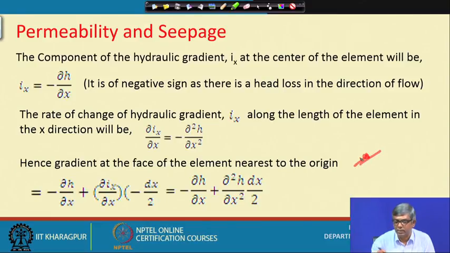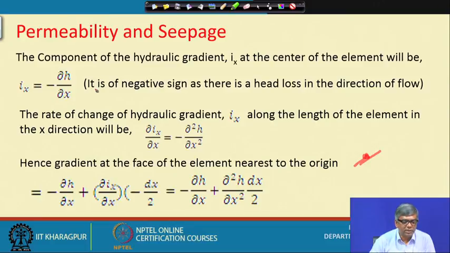We are applying the equation at the midpoint, and i_x mathematically is the derivative of h with respect to x, with a negative sign, because head loss is there in the direction of flow.